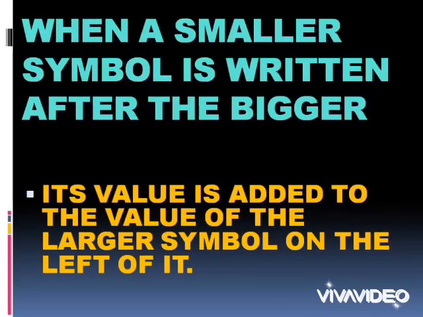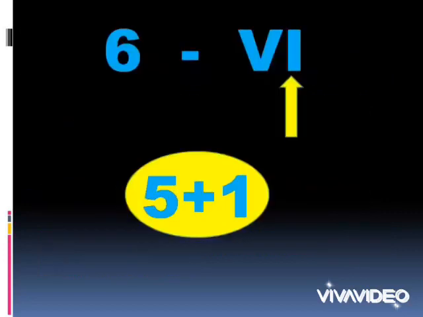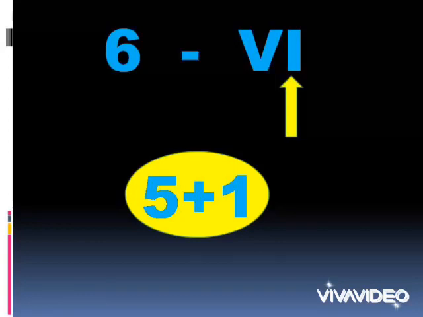When a smaller symbol is written after the bigger, then its value is added to the value of the larger symbol on the left of it. Let us try to understand how. We write 6 in Roman numerals as VI. Now I has a value 1 which is smaller than the value of V, which is 5.